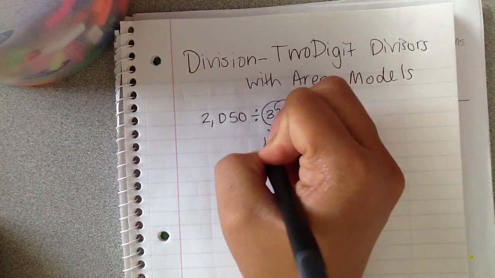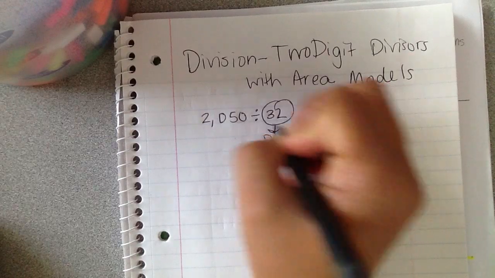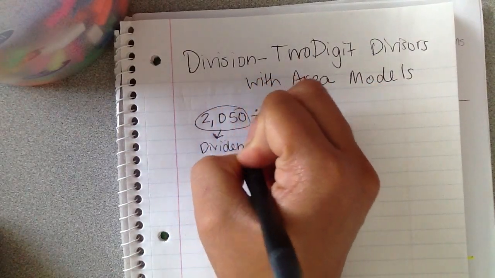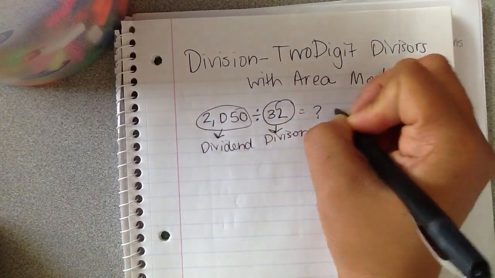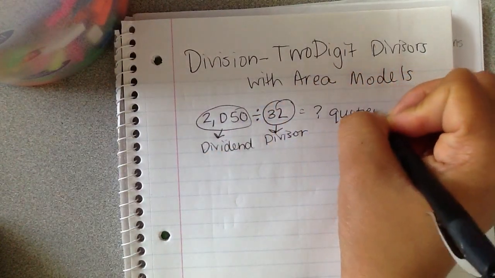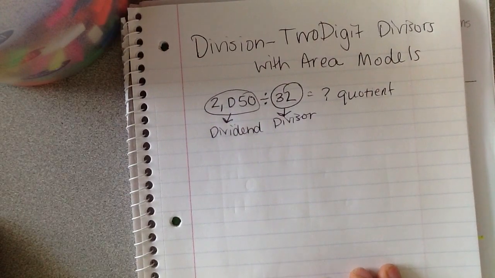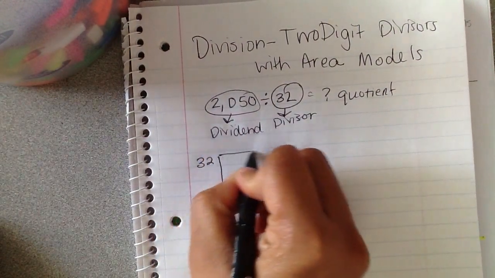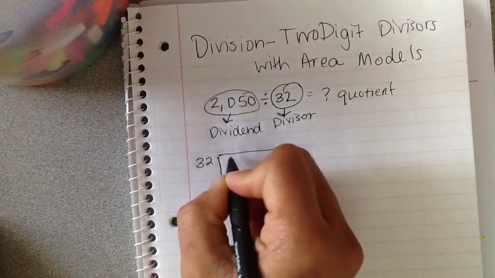Again, this is my divisor, this is my dividend, and then the answer will be my quotient. So I'm going to set up my area model box like normal. My divisor goes on the outside. My dividend goes inside the box.